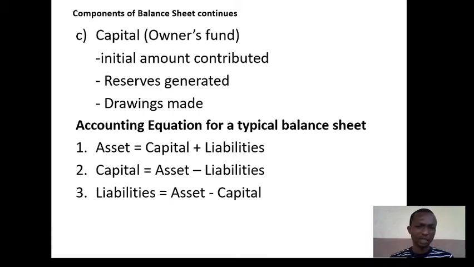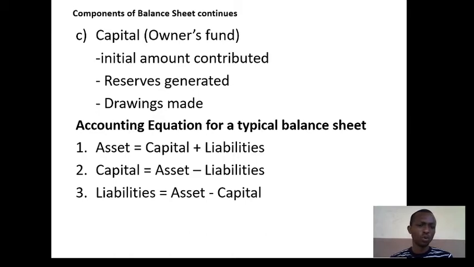Now, just as I explained, what are those things that make up your capital? Amount invested in the business, your reserve, your profit and loss for the year. Then you remove your drawings, and you have your capital. The liabilities are both short-term liabilities and long-term liabilities. Now, when you want to calculate capital, you just change the subject of the formula.